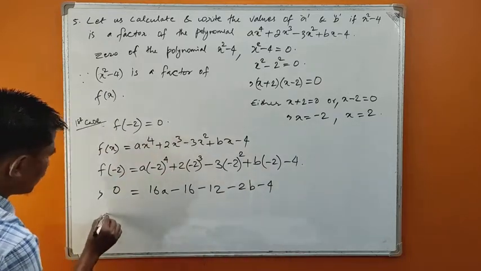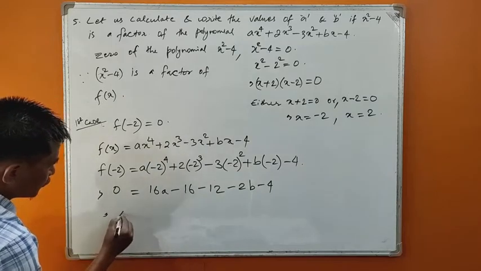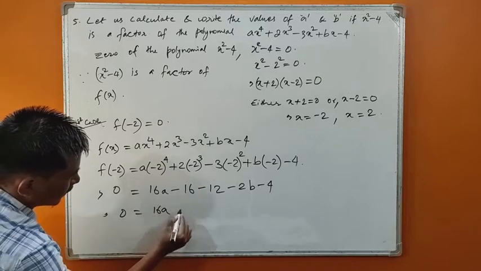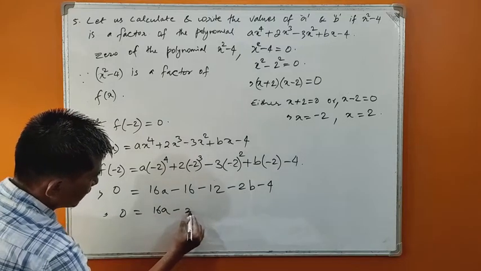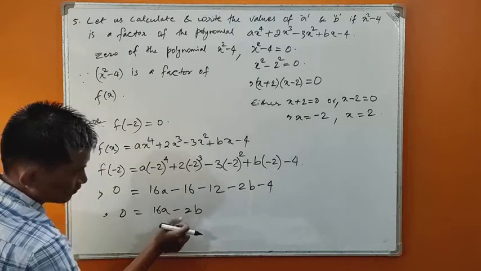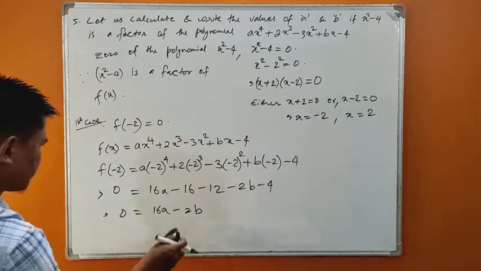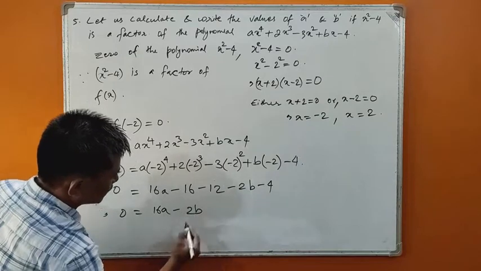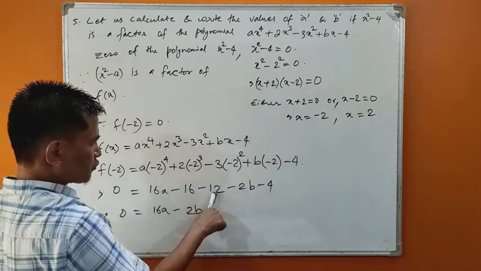Or 0 equal to 16a minus 2b minus 16 minus 12 minus 4.